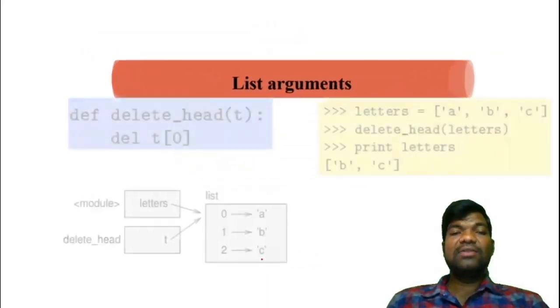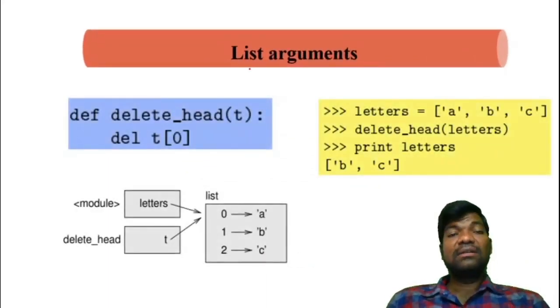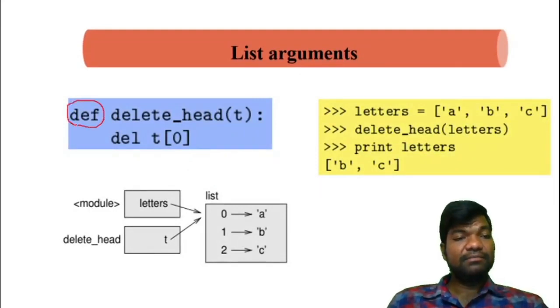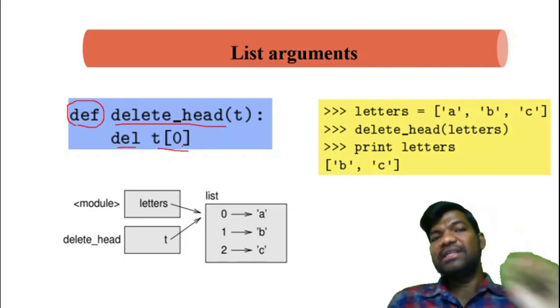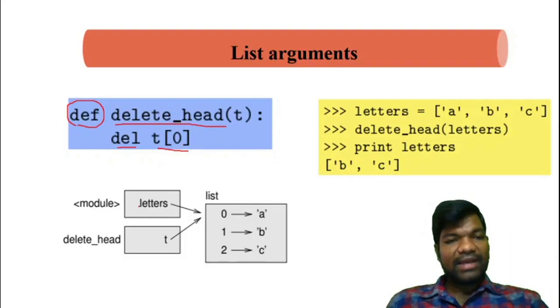Now coming to the last one, list arguments. Here you are defining a function, delete_head of T, which deletes the head part of the list. In the body, del T of 0, you are deleting the T of 0 element.